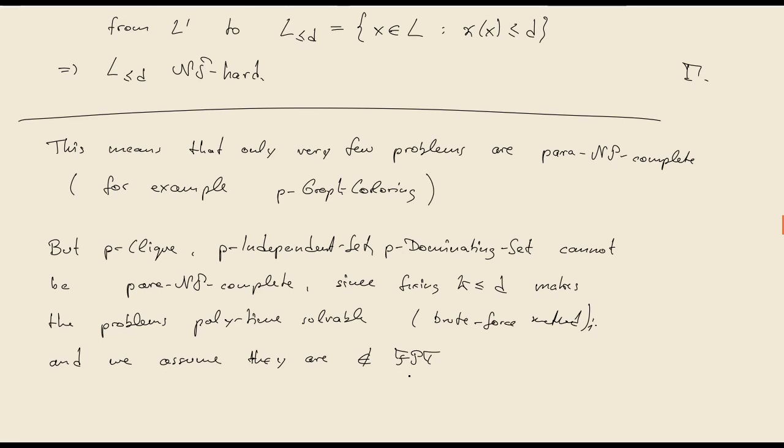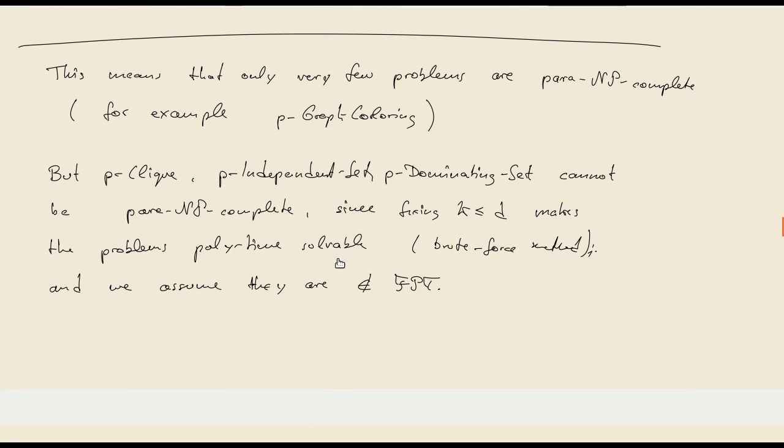We don't know, but we suspect that they're not in FPT, and we would like to prove this. But the whole idea of para-NP completeness is completely useless for making progress on this, because they for sure are not para-NP complete. So not even under the assumption P not equals NP can we say that they're not in FPT. Para-NP completeness does not help at all here.